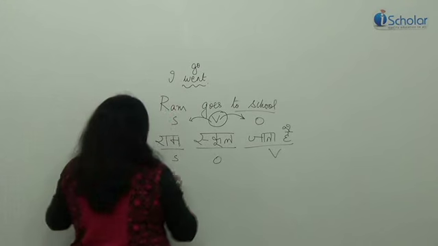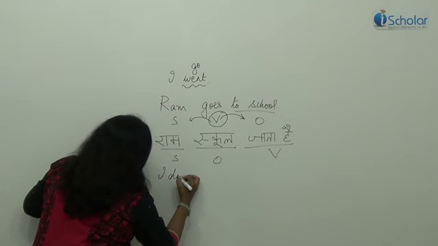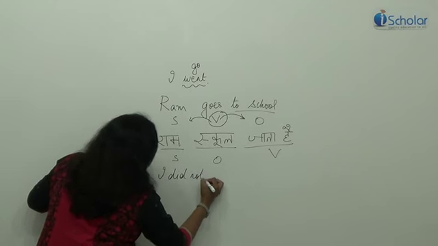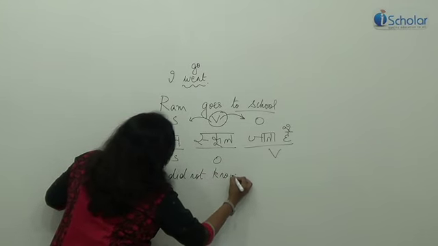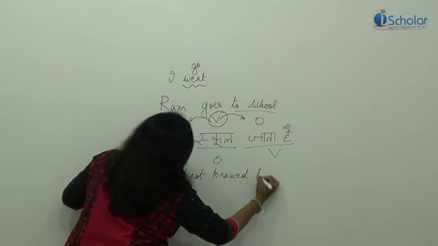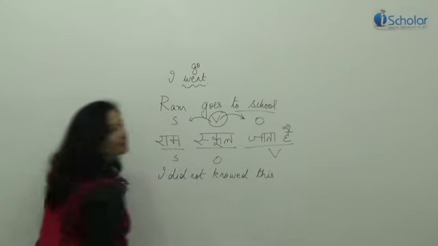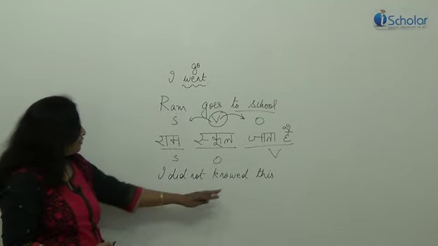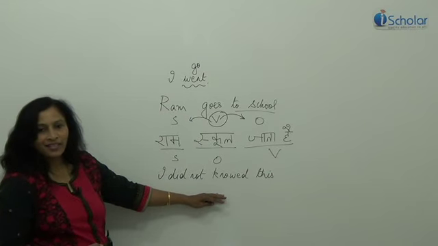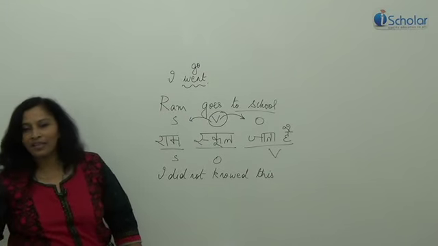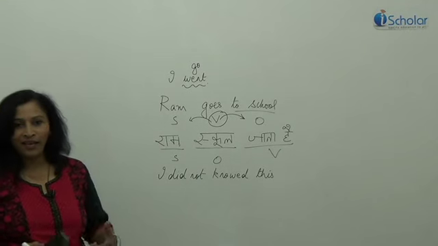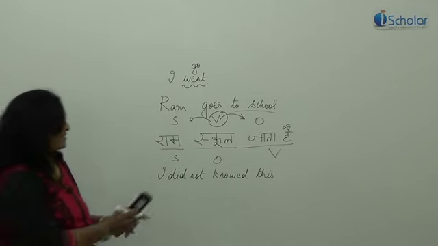Or they say "I did not knew this." Correct? The verb form. Right? So these are the issues that we face when we acquire a new language like English.